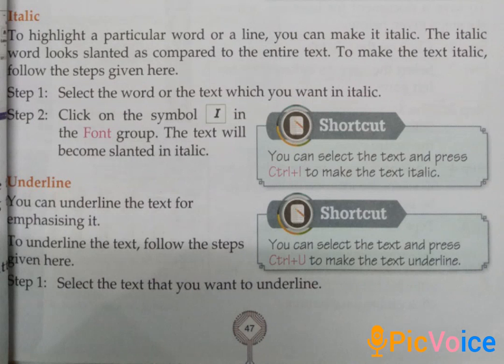Italic. To highlight a particular word or a line, you can make it italic. The italic word looks slanted as compared to the entire text. To make the text italic, follow the steps given here.